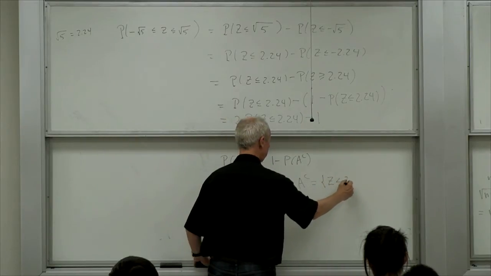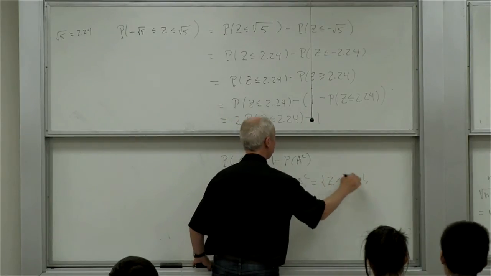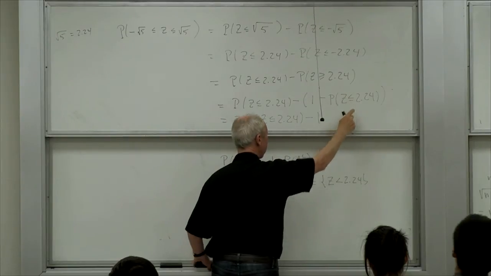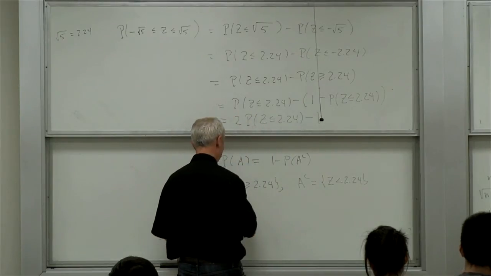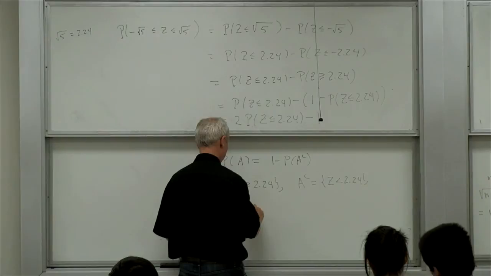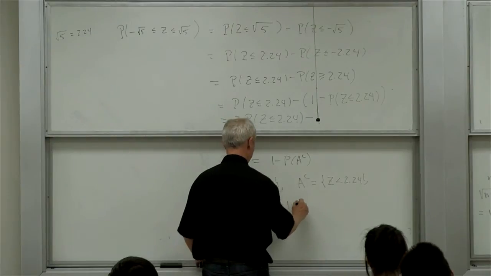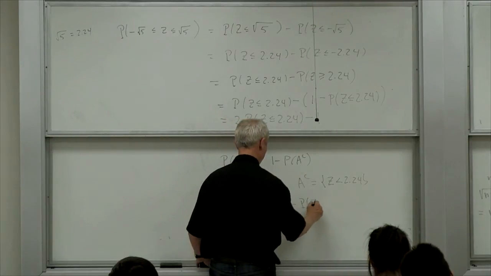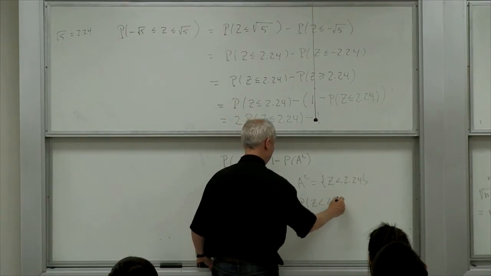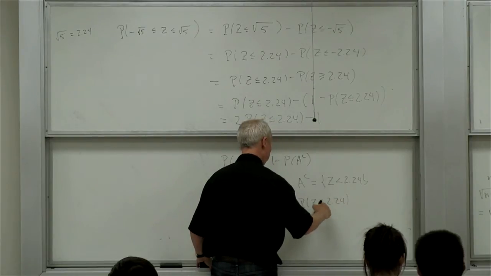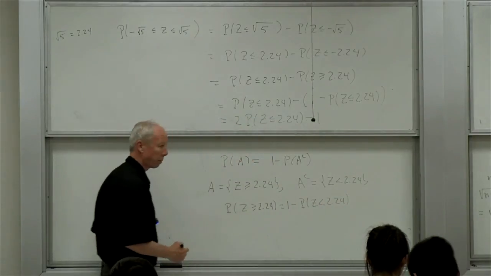Z less than 2.24. Well, I wrote less than or equal to. Doesn't matter whether I use strict inequality here or not.